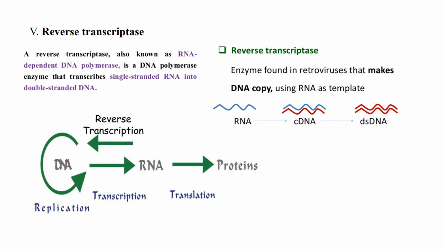From RNA, there is formation of cDNA and then double stranded DNA. Okay, and this enzyme is otherwise called RNA dependent DNA polymerase. It is a DNA polymerase enzyme that transcribes single stranded RNA into double stranded DNA. They are known as reverse transcriptase.